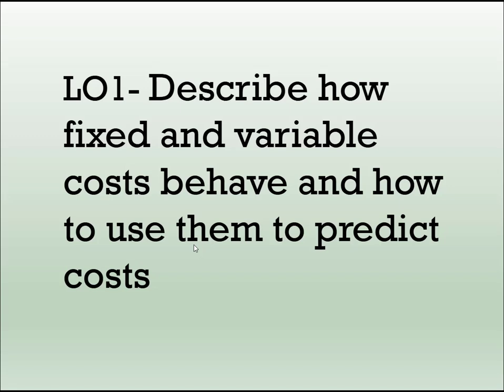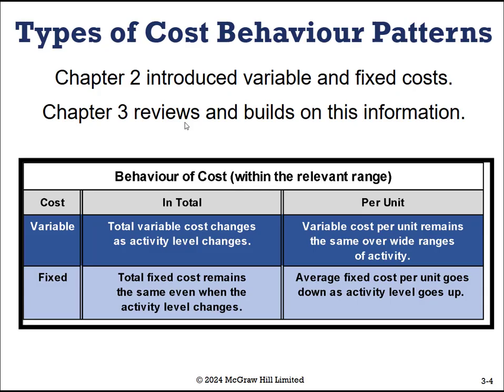Learning objective 1, describe how fixed and variable costs behave and how to use them to predict costs. So in Chapter 1, we talked about just in general laying the foundation: what's managerial accounting, what's financial reporting, who are our users, why are we doing this, how are they similar, how are they different.